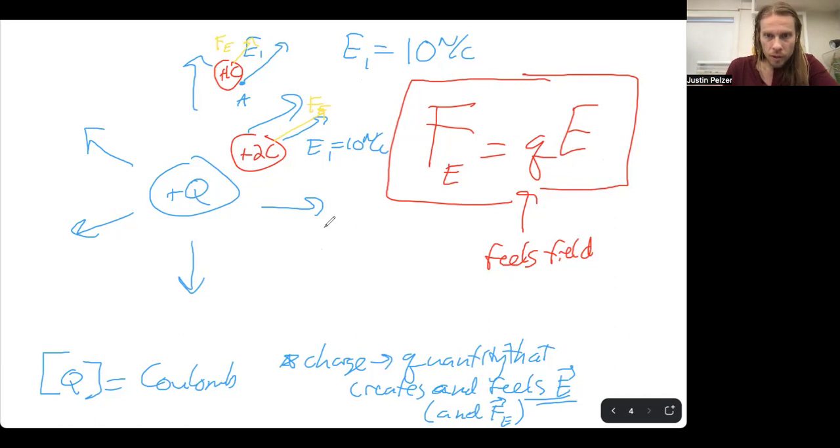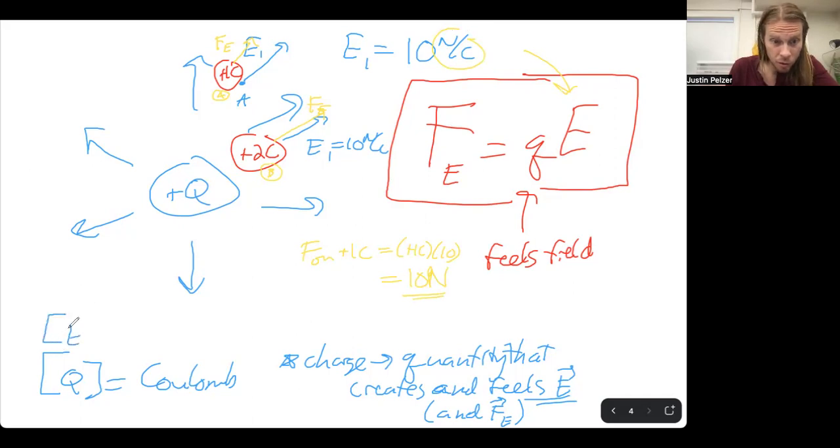So, for instance, the force on, we'll call this charge A, and we'll call this charge B. The force on 1 coulomb is going to be positive 1 coulomb times 10, which is 10 newtons. And you can see here why the unit of E is newtons per coulomb, because if we do newtons divided by coulomb, we get electric field.